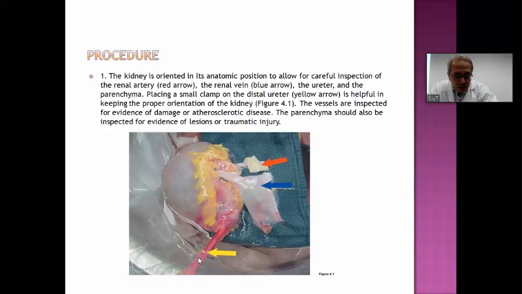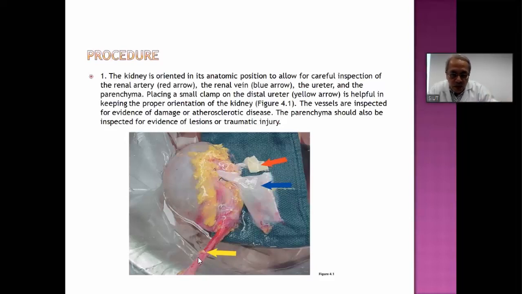You cannot have this patch of aorta when you do normal living kidney donation, because your clamp in the living donation will be on the renal artery rather than on the aorta. It will be very difficult to repair the aorta, so you cannot just take a piece of aorta in the living condition.